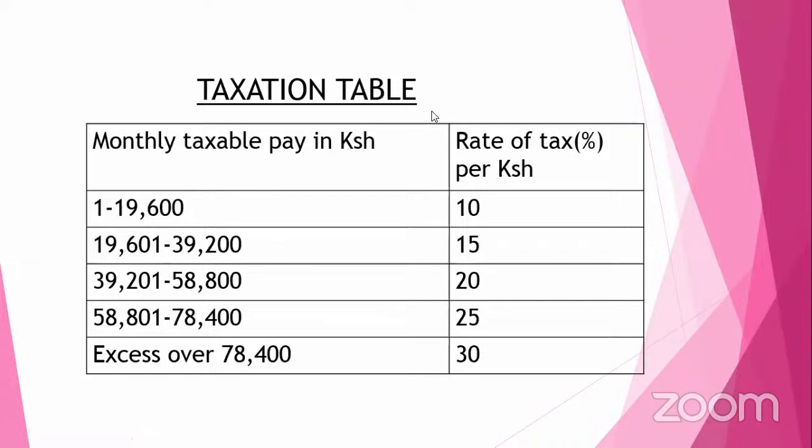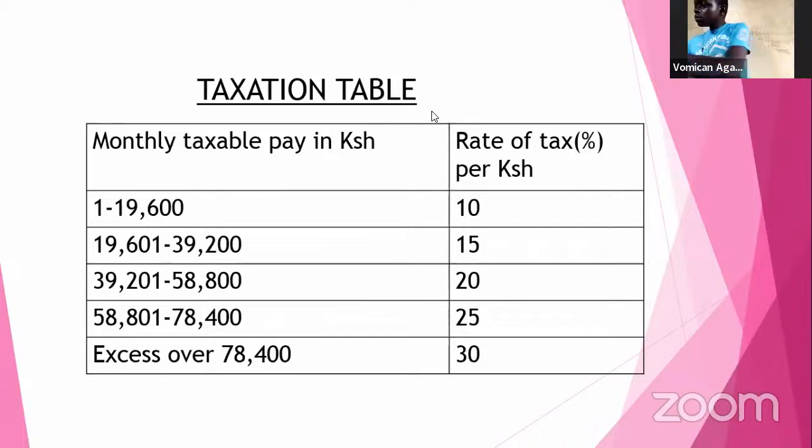Somebody is asking, where do we add exemptions? We don't add exemptions. We said you subtract from the gross income. Is monthly premium an exemption? No, it's not an exemption. We are added there. I'll show you where to place it.